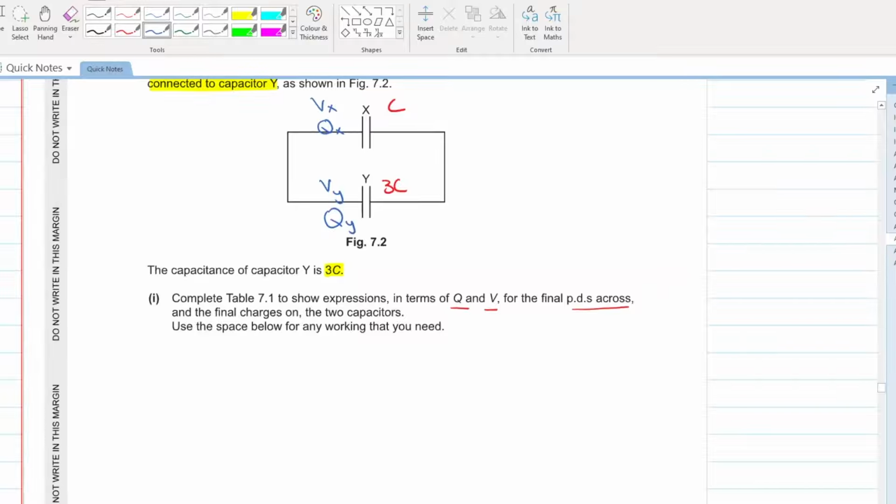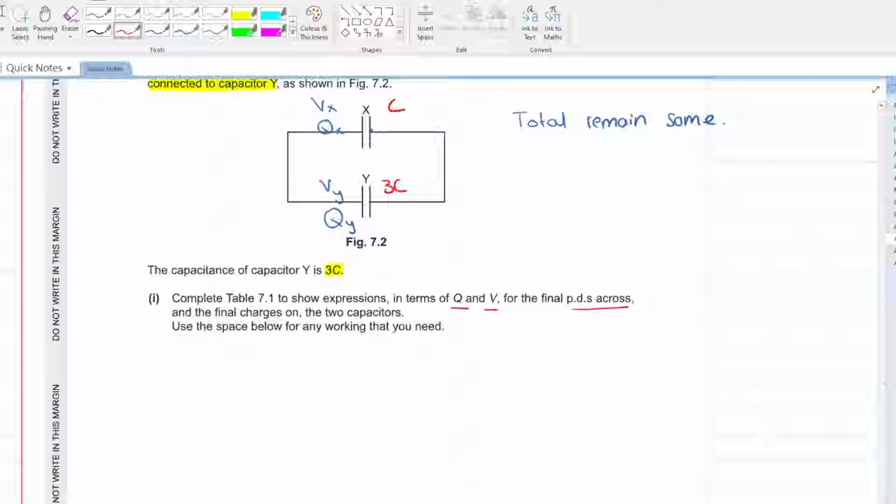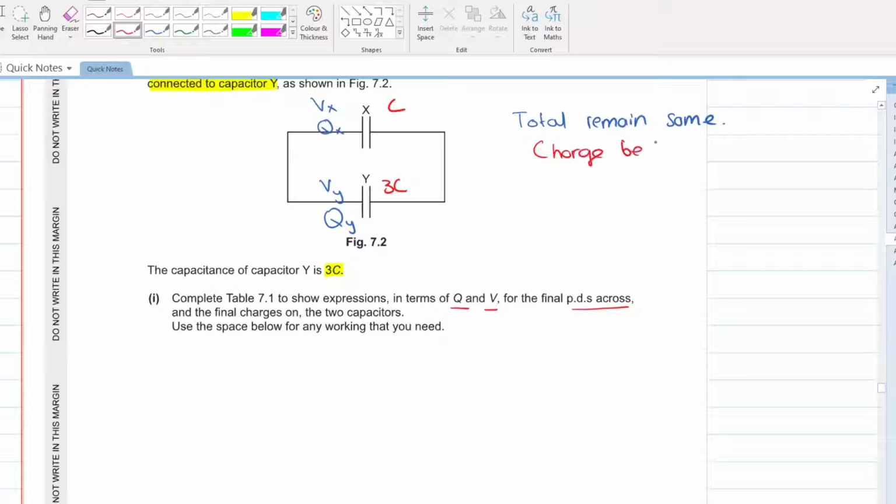We have studied that the total charge across the two capacitors remains the same.